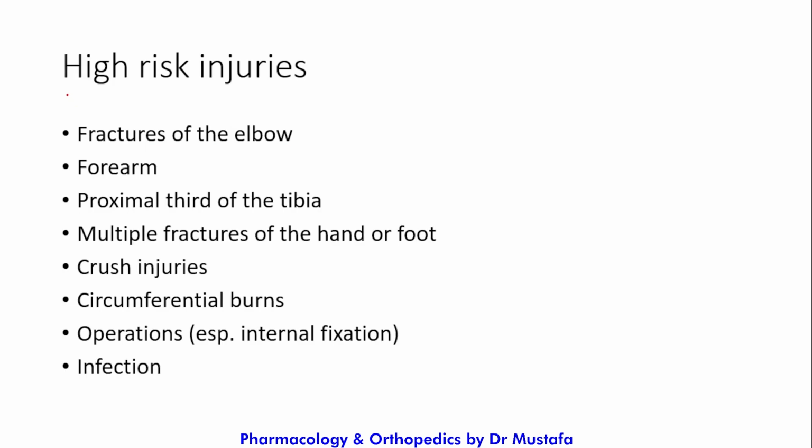Now we have some high-risk injuries for the compartment syndrome. So whenever you see one of those, you always look for the compartment syndrome in the patient when you follow them up.